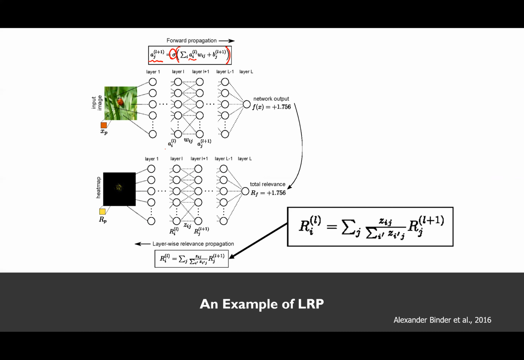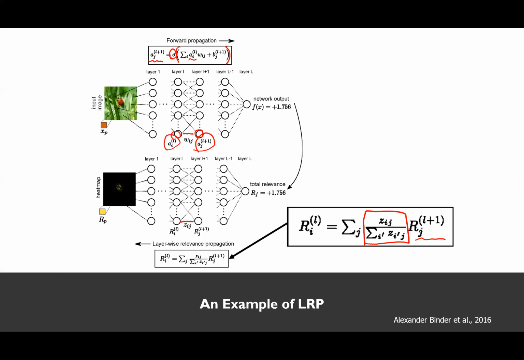Here it is A_i, A_j, and this is W_ij, right? This multiplication will go to Z_ij. When we omit the bias term and the epsilon term, this is the normalization of the contribution to the output in the next layer.